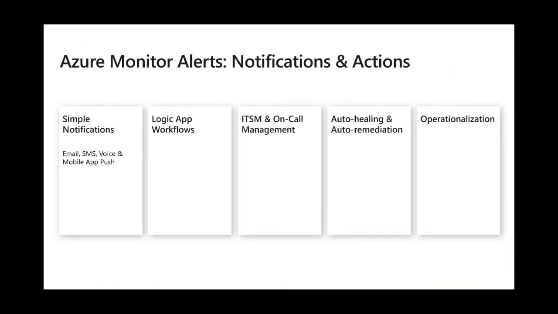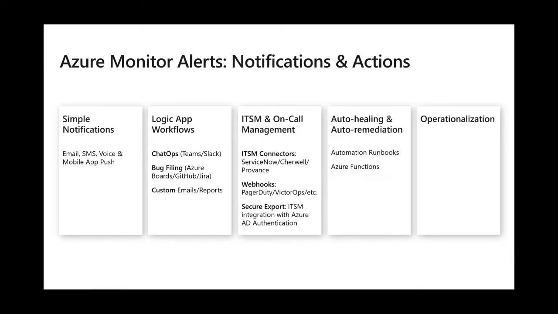More ideas on what type of alerts and what type of actions you can take. When an alert is triggered, you can set it up to do a simple notification: receive an email or an SMS saying this alert was triggered, so we have a problem here. We have Logic App workflows. If you want to integrate with Azure Boards or Jira and create a specific ticket, you can do that as well.